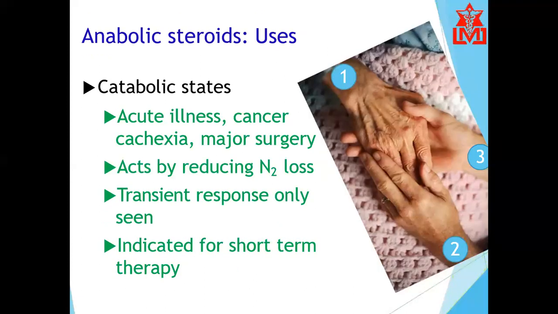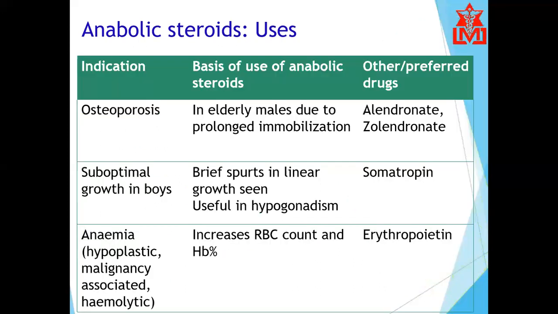They are used in catabolic states, like acute illness, cancer cachexia, and major surgery. They are also used to reduce nitrogen loss. Only a transient response is seen, so they are indicated for short-term therapy. Anabolic steroids are also used in osteoporosis in elderly males due to prolonged immobilization, but the drugs preferred for that are alendronate and zoledronate.